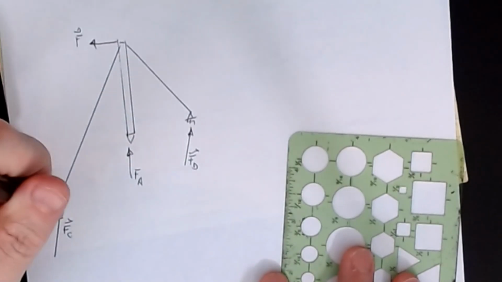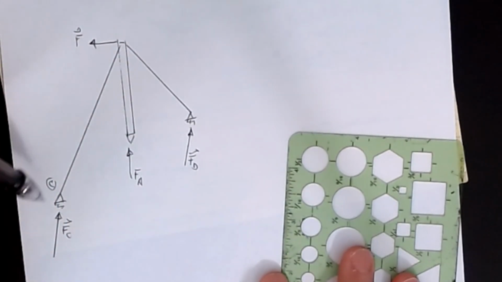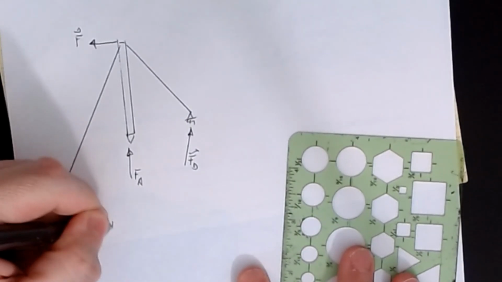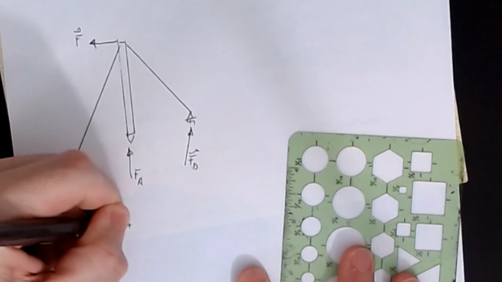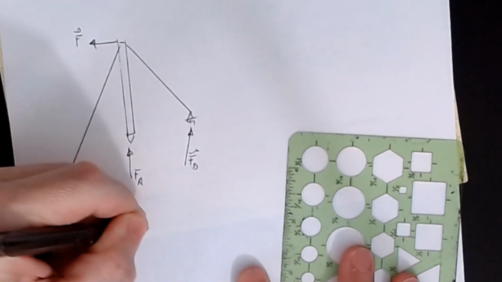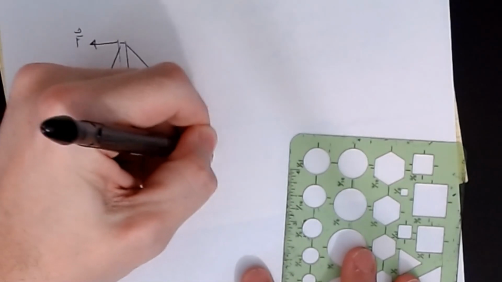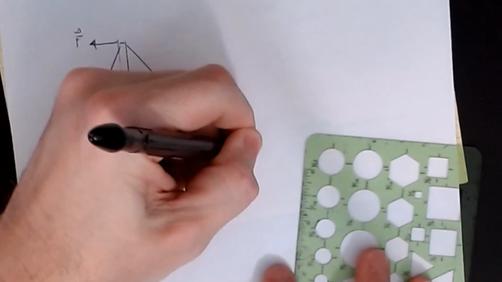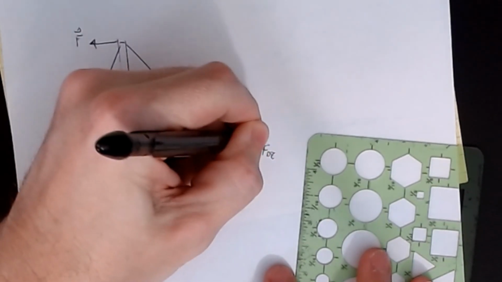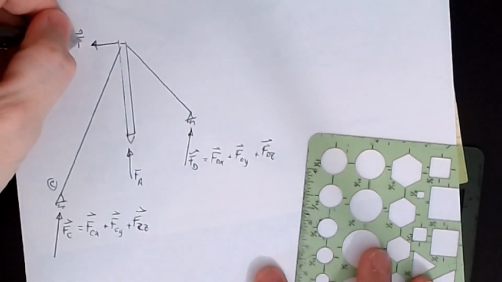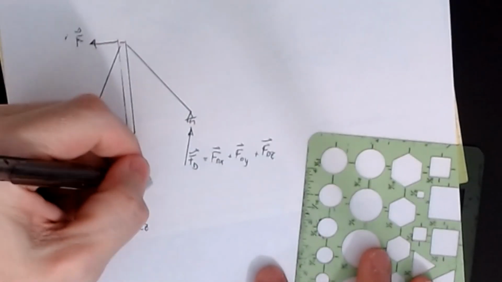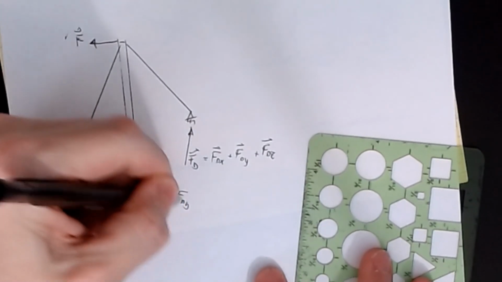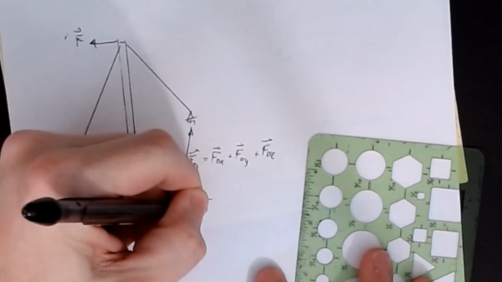Well, this guy is an FCX vector plus an FCY vector plus an FCZ vector, and this guy is an FDX vector plus an FDY vector plus an FDZ vector. F we know, so we got that one. And this guy is an FAX vector plus an FAY vector plus an FAZ vector.